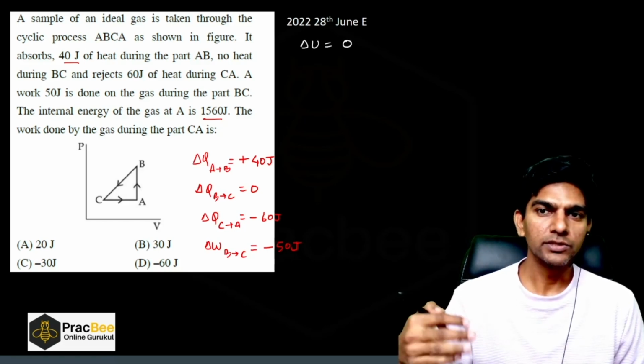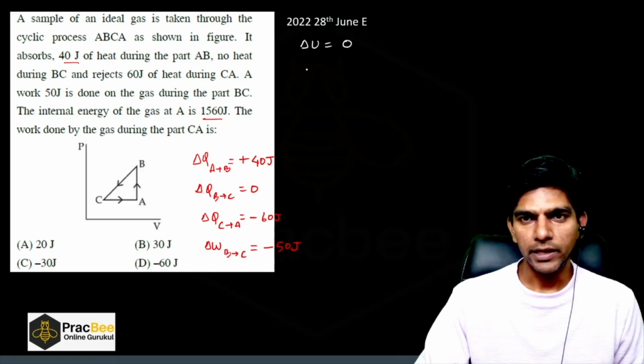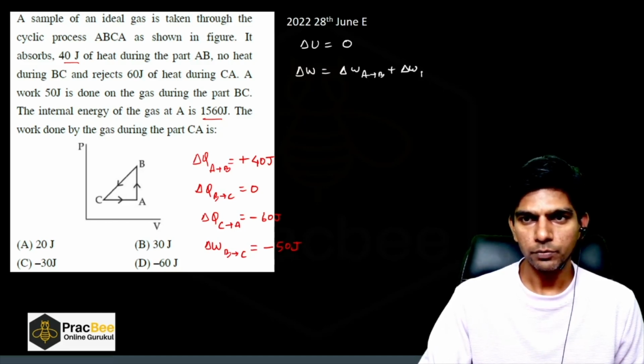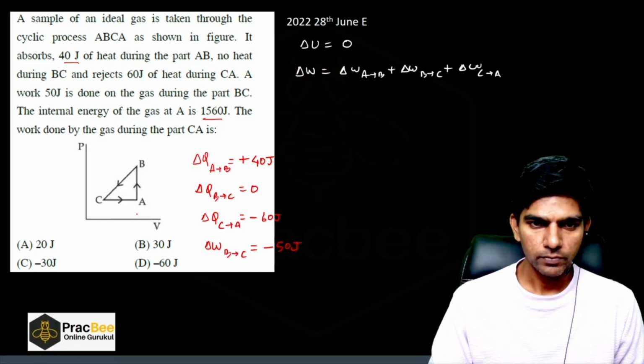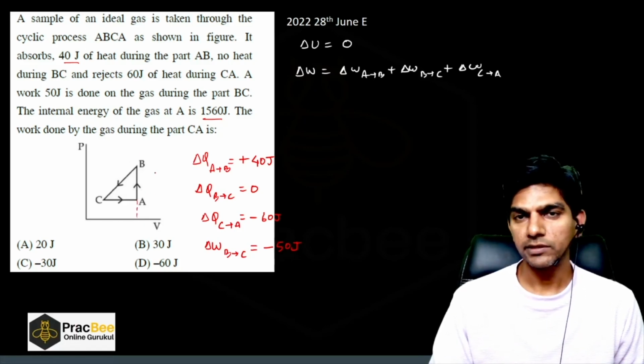So delta U will be 0 for the cyclic process. And the work done will be given by work done from A to B plus work done from B to C plus work done from C to A. Since A to B is an isochoric process, there is no change in the volume.